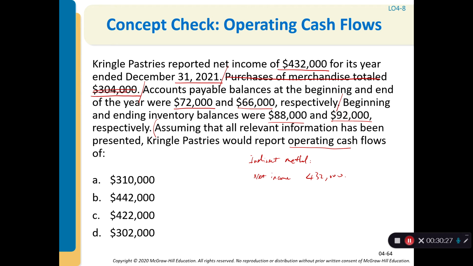The reason is we were already given the information about the beginning and ending inventory, which is mingled with the 304,000 calculations. So basically, it was 72,000, and then there is an increase from the 304,000 purchase, and then it sold something, and its ending was 92,000.